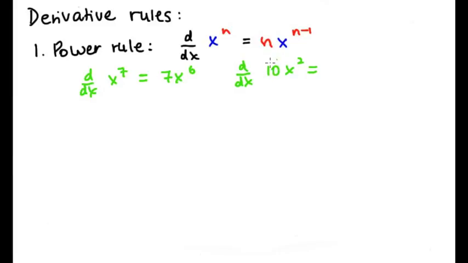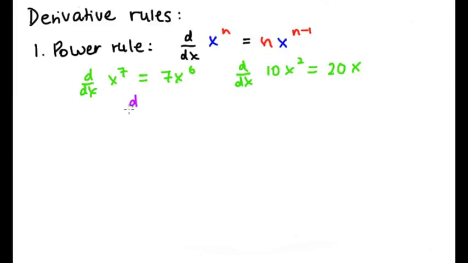So if there's a constant as your coefficient, you're also going to multiply that coefficient by your exponent. So actually this is 10 times 2, or 20 times x, and we can leave it like that because 2 minus 1 is 1. So it's just x, so that is our derivative.